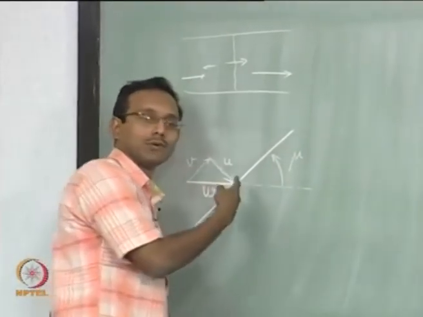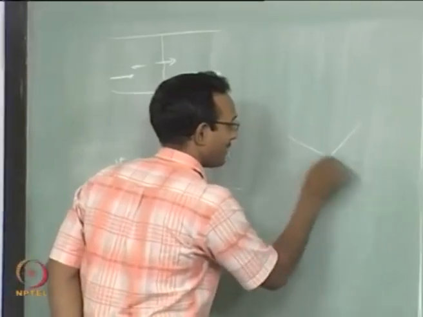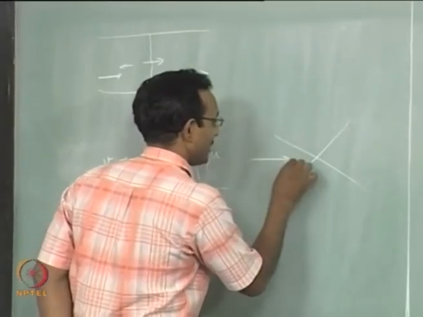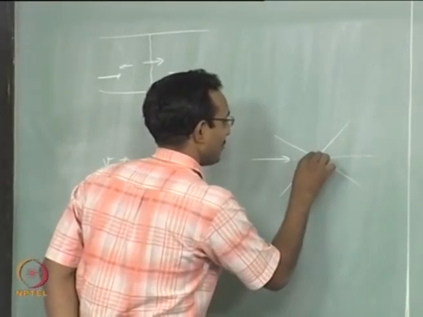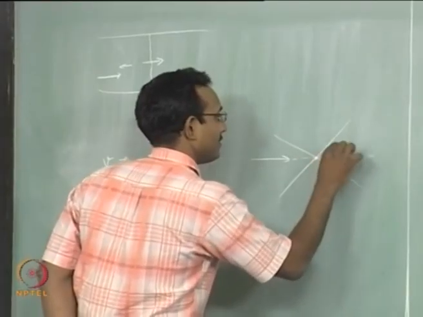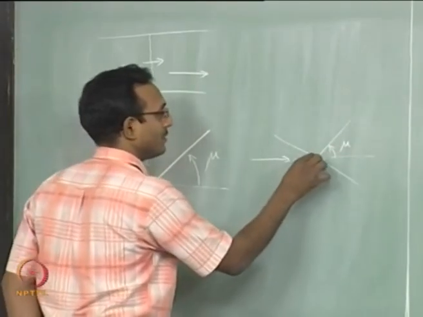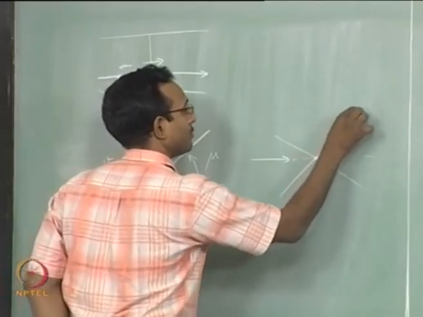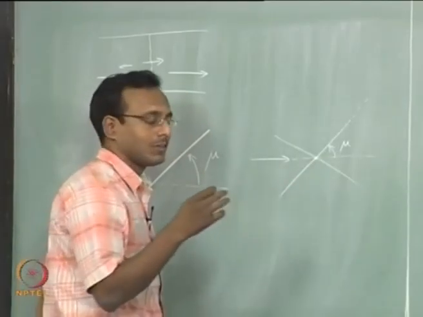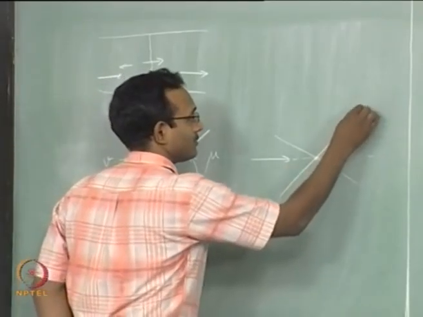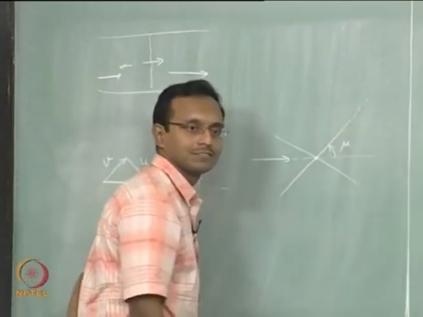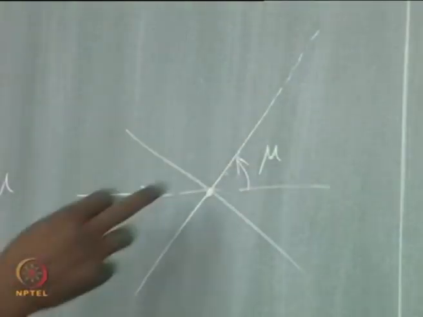Why? This is how you defined your Mach cone, right? We had flow velocity this way, and so I just extended that line to this point. This is the direction along which the sound waves will propagate at most, or anywhere inside this. It cannot go outside this. This is how we got to this mu.